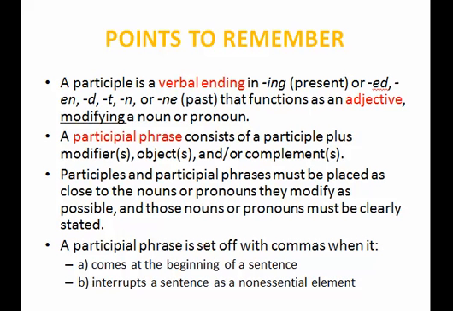Participles and participle phrases must be placed as close to the nouns or pronouns they modify as possible. And those nouns or pronouns must be clearly stated. A participle phrase is set off with commas when, A, it comes at the beginning of a sentence, B, it interrupts a sentence in the middle as a non-essential element, as in extra information.